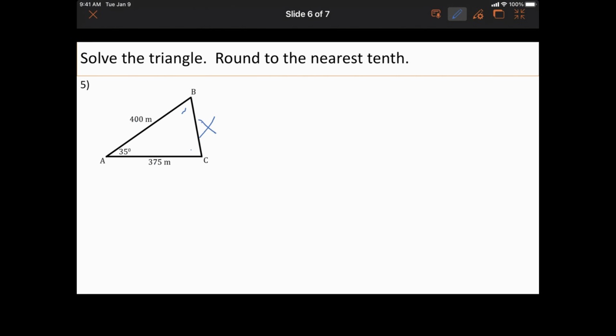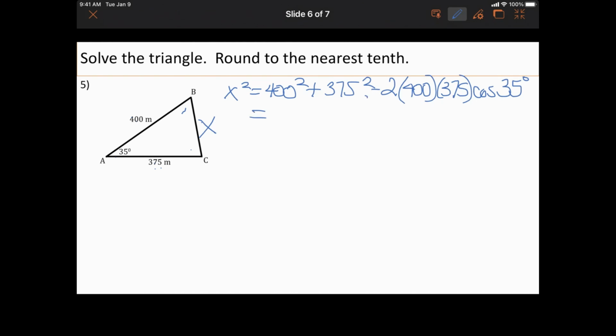So here, to solve the triangle, I'm going to start with the law of cosines. Again, I see that it's side angle side, right? You're given 2 sides and the 1 angle in between. Perfect for the law of cosines. So I'm going to find side BC first. So using the law of cosines, if you haven't memorized it yet, you can look at your notes. Cosine of the angle.